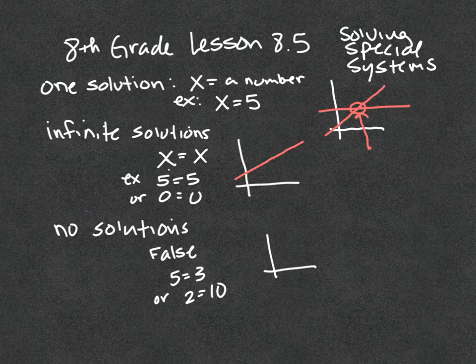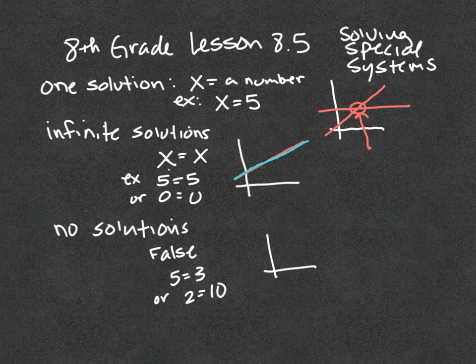And if you graph one equation's line, and then you go to graph the other equation's line, it ends up right on top. They're the same line. So it's because they equal each other. They are the same equation, just written in a different way. So that's what you'll see. If you were to graph those two equations, you'll see one line right over the other. And that means that every point on their line is equal to one another. That's why it comes out that way.